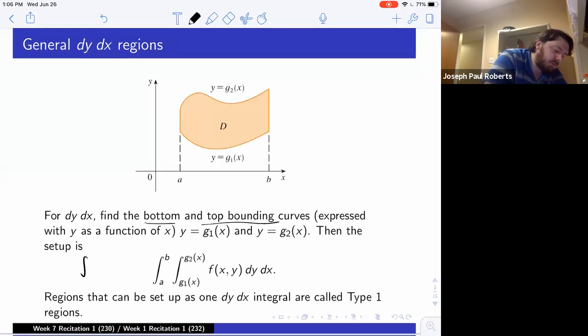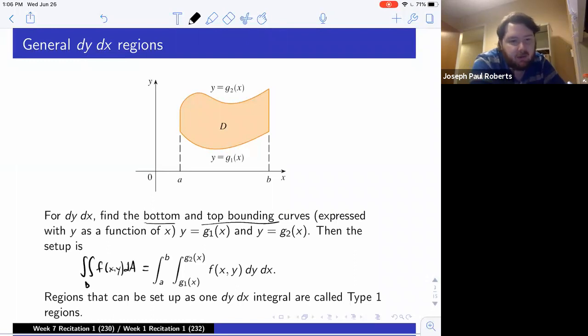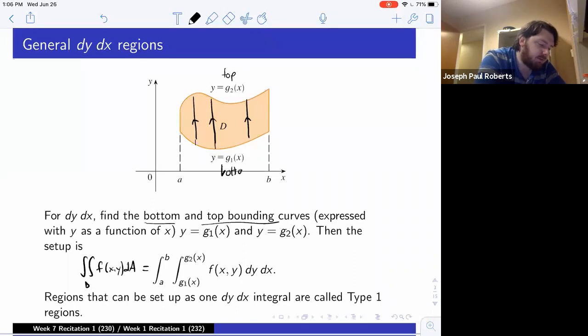So again, double integrals, we're always doing it over some region D in the xy plane. And so when you go to draw D, you have this bottom curve, y equals g1 of x, and you have this top curve, y equals g2 of x.